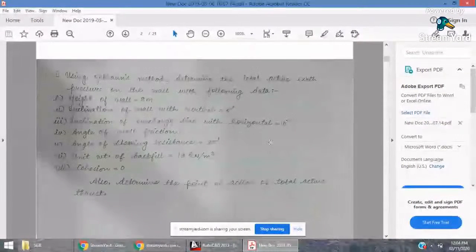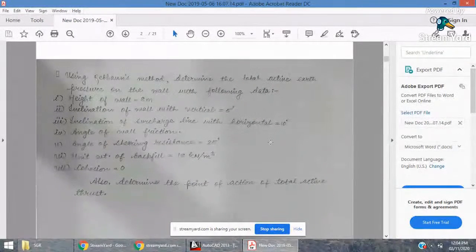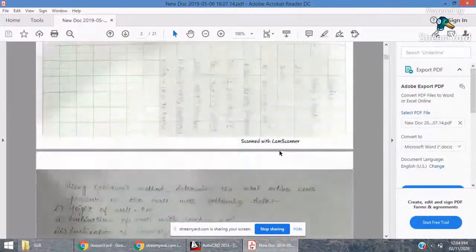Height of wall is 8 meter, inclination of wall with vertical is 5 degree, inclination of surcharge line with horizontal equals to 10 degree, angle of wall friction, which we have to consider or it may be given, so you can consider it as 20 degrees, angle of shearing resistance 25 degree, unit weight of backfill gamma is given to you as 18 kilonewton per meter cube and cohesion is equals to 0. That means it is totally a cohesionless soil. So also determine the point of action of total earth pressure where PA is acting. So that we have to calculate.